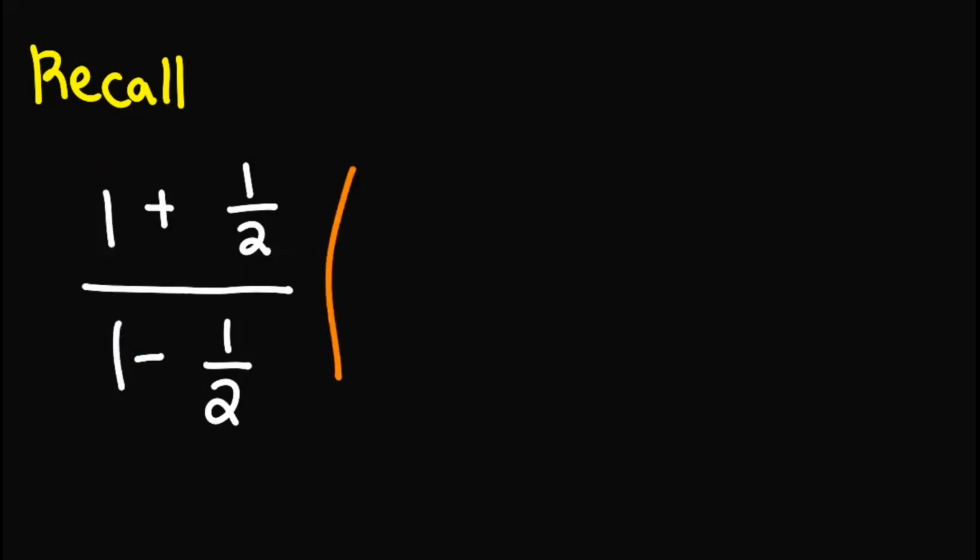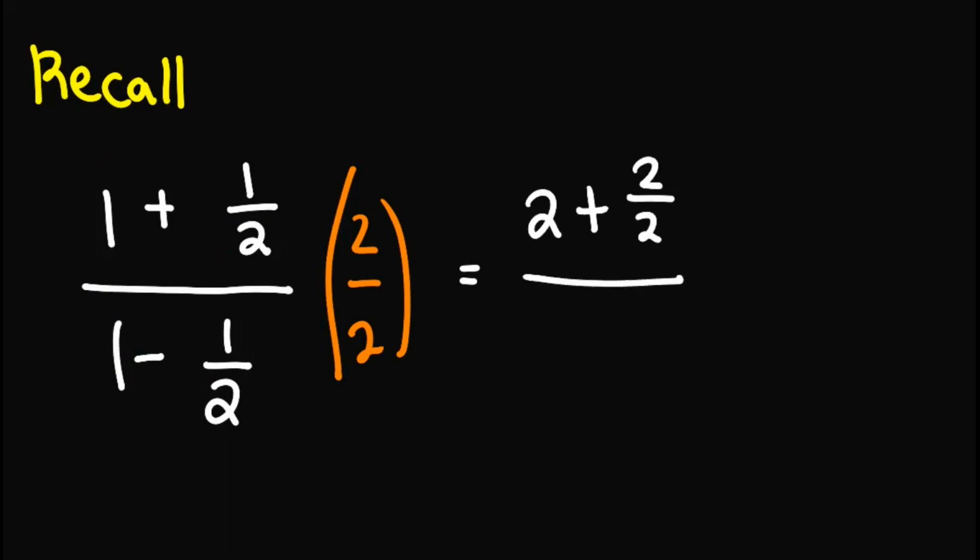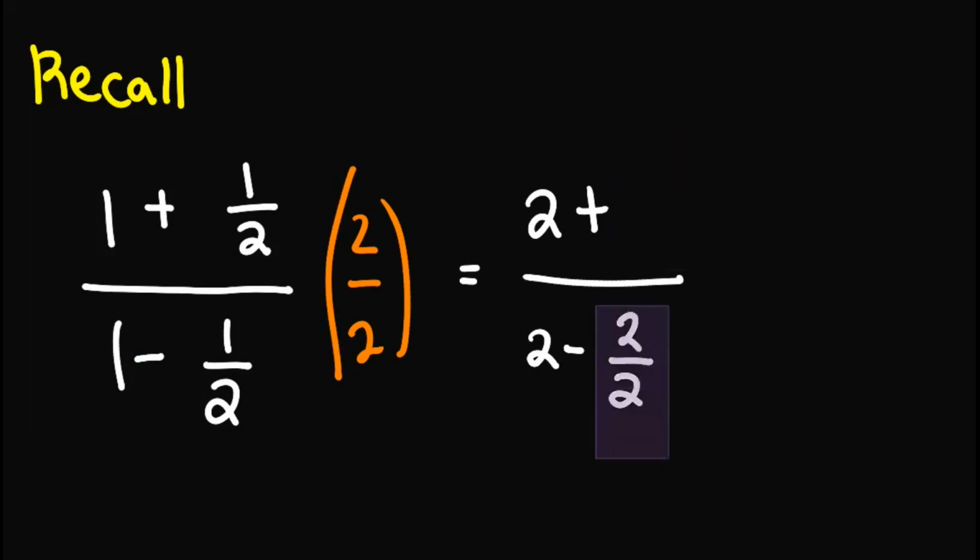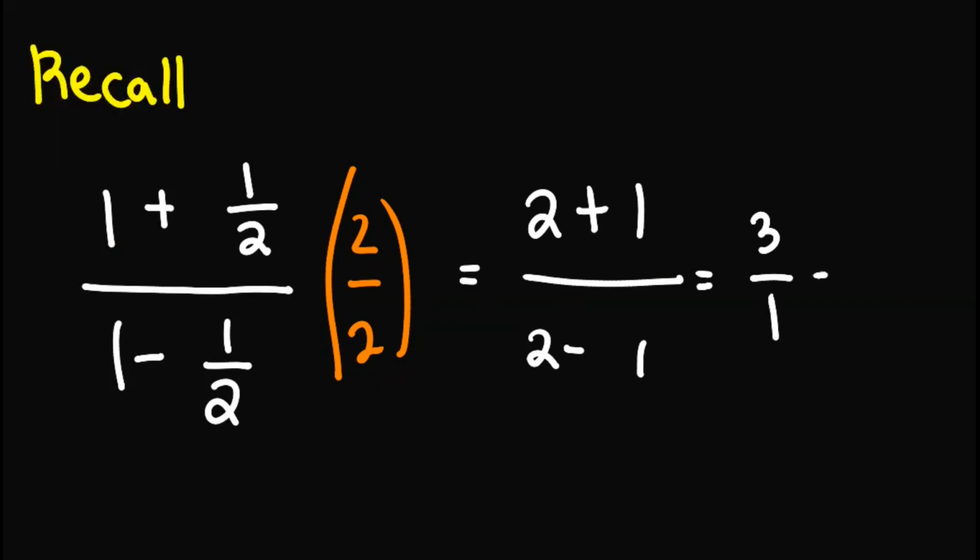So multiplying 2 over 2 out here, we are left with 2 plus 2 over 2 all over 2 minus 2 over 2, wherein 2 over 2 is simply 1. Simplifying further, this becomes 3 over 1 or 3. So we will apply this same concept in rational expressions.